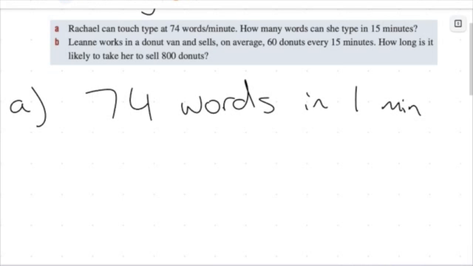Well, we just have a rate per minute, and we have 15 minutes that we're trying to find for. So we just want to figure out, well, how do we get from 1 minute to 15 minutes? Or how, if I have my rate of 74 words per minute, the amount of words in 15 minutes will just be 15 lots of that.